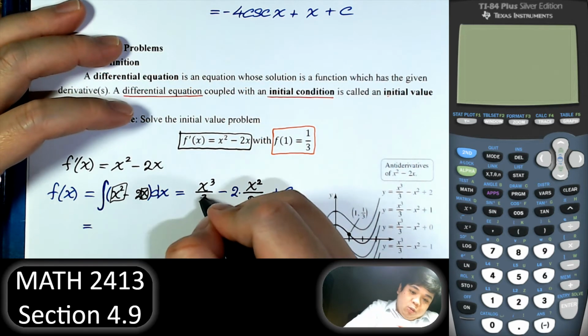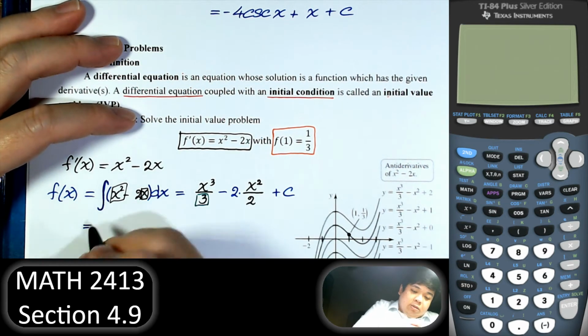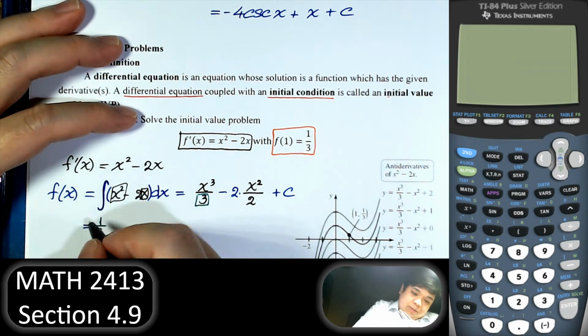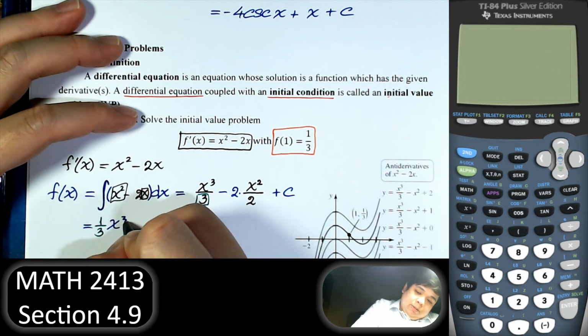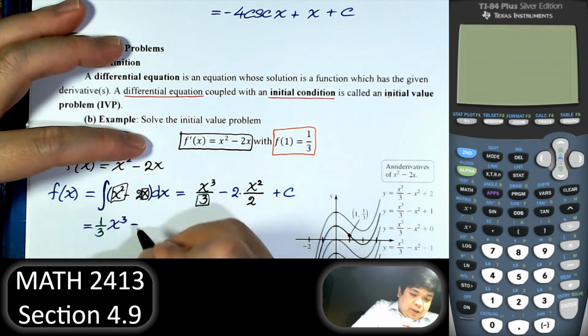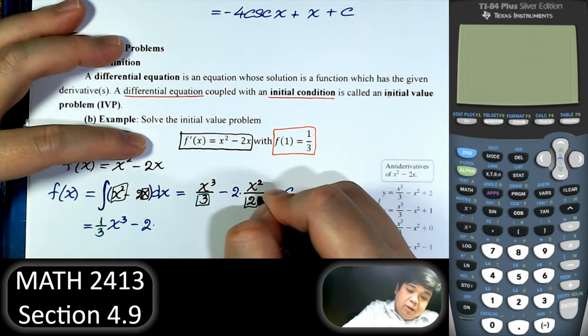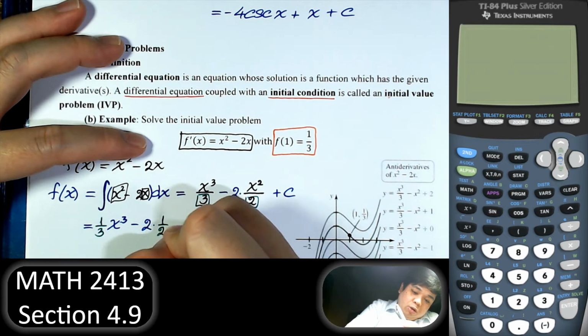I recommend that we write any number at the bottom as a reciprocal, multiply by the reciprocal.